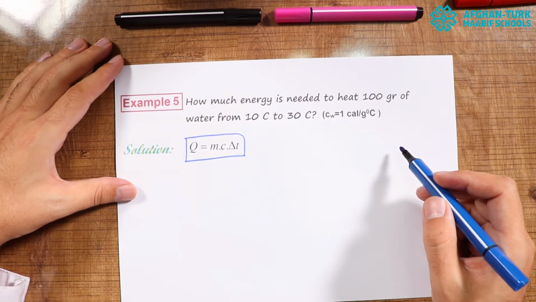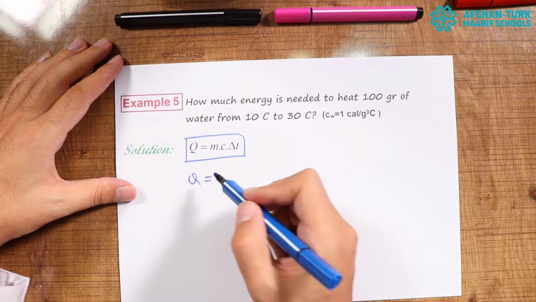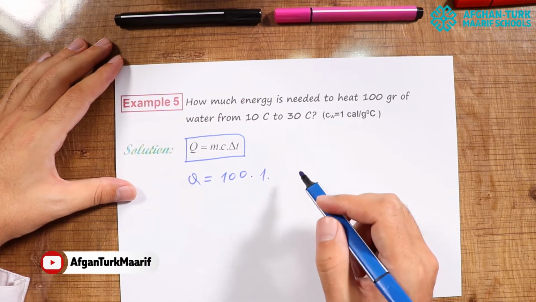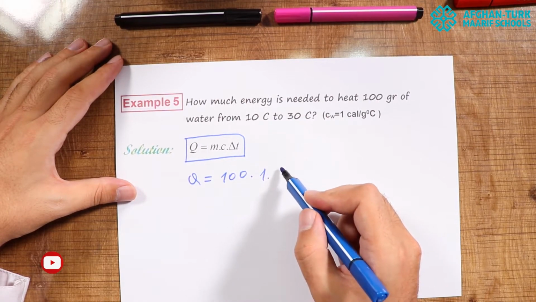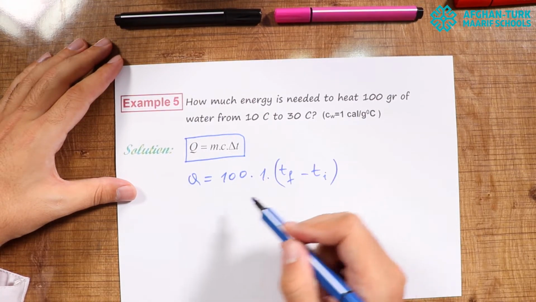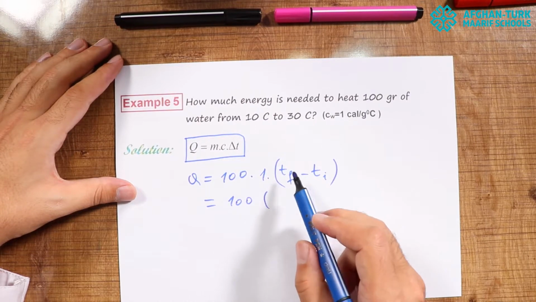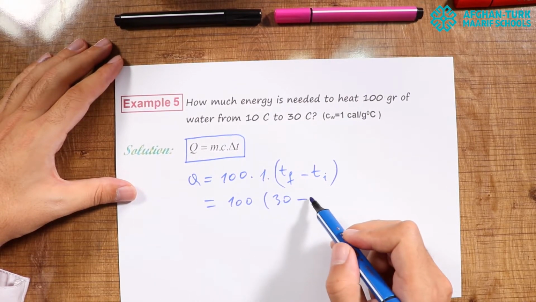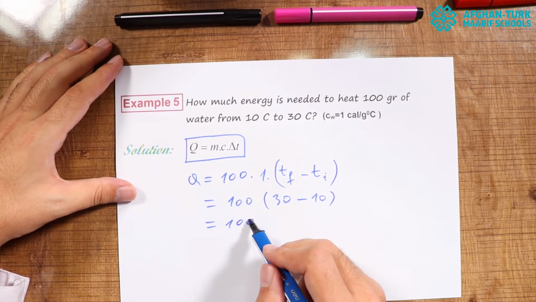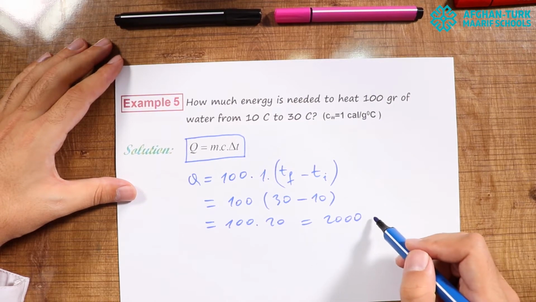When we put the given values, we will have Q equal to 100 times 1 times delta T, which is T final minus T initial. So I get 100 times 30 degrees minus 10 degrees, which is equal to 100 times 20, and that's equal to 2000 calories.